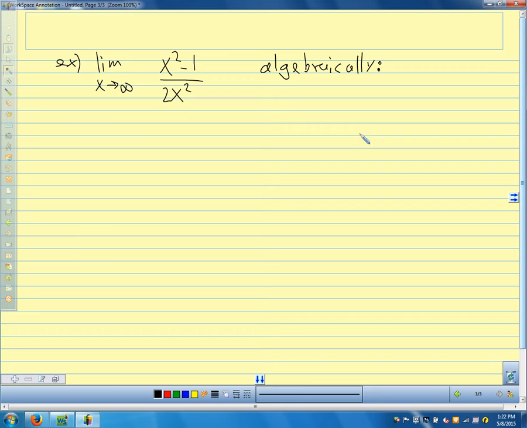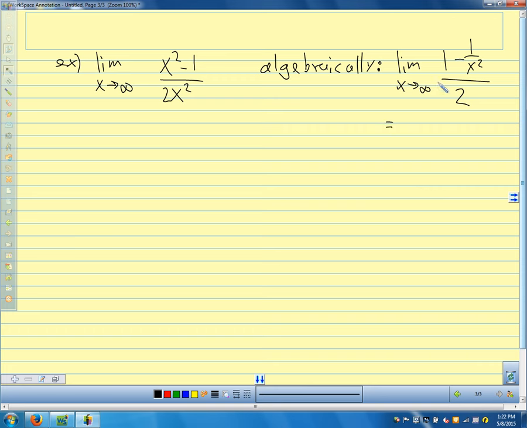Algebraically, we're going to divide everything by the highest power of x. That's our technique. So we get the limit as x approaches infinity. When we divide, our highest power of x is x squared. So when we divide this by x squared, we get 1. We get minus, when we divide this by x squared, 1 over x squared. And when we divide this by x squared, we get 2.